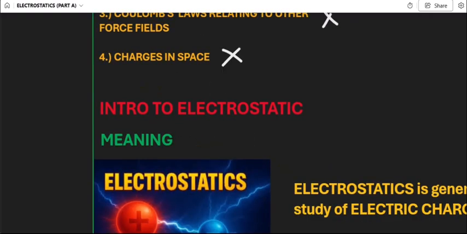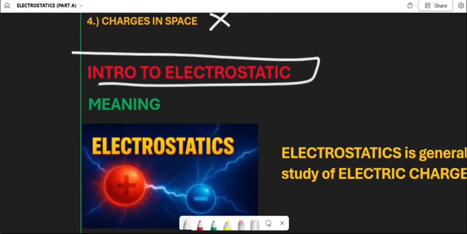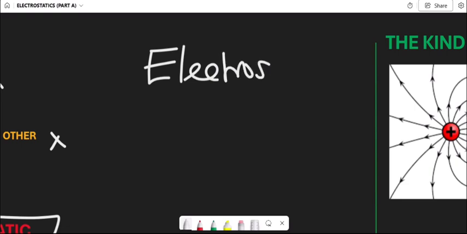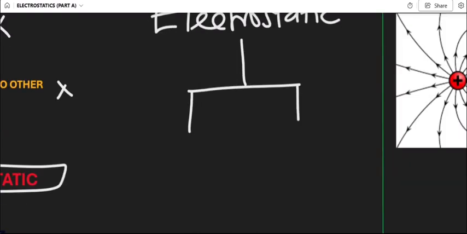Picking the very first thing we have, which is the intro to electrostatics. Initially, when we hear the word electrostatics, the word is gotten from two words, meaning electricity, then static.